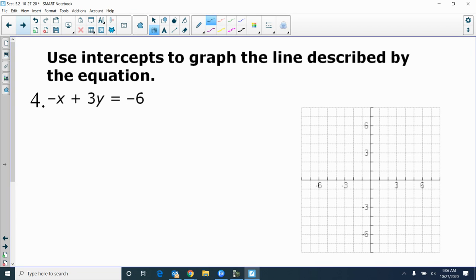Okay, so divide by negative 1. No need to do that, just need to make that 0. That's okay.